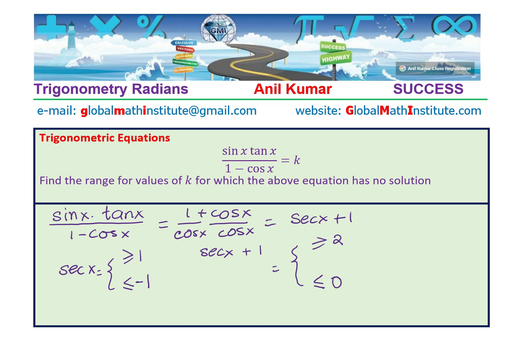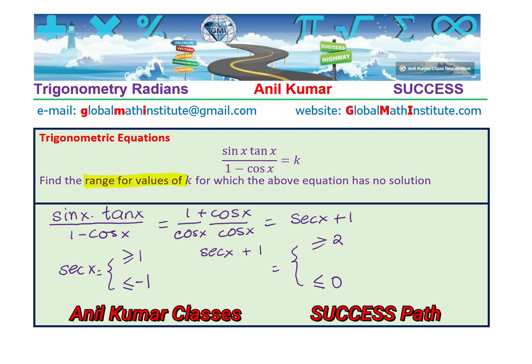Correct? So that gives us our answer, and I hope you can now write the range for the values of k for which the above equation has no solution, right? So if I write k as something which is, let's say, between 0 and 2, meaning greater than 0 but less than 2, then the left side will not have any solution, right?